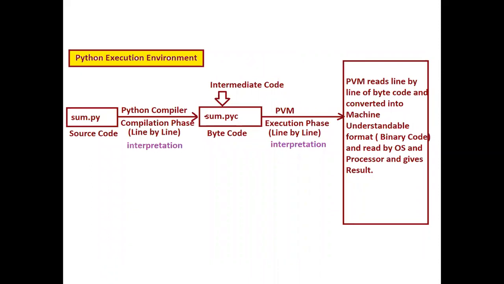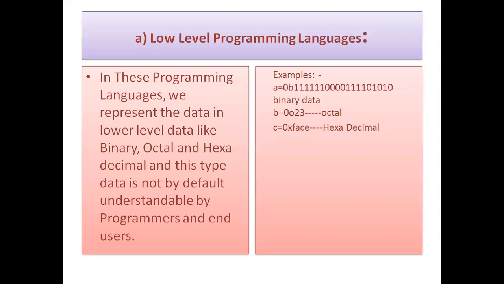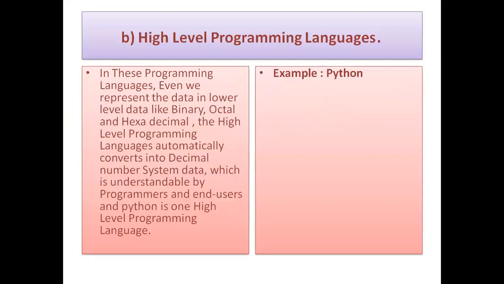It gives the result in our language. Okay. Now, what is a high level programming language? In these programming languages, even though we represent the data in lower level forms like binary, octal, and hexadecimal, the high level programming language automatically converts it into decimal number system data, which is understandable by programmers.